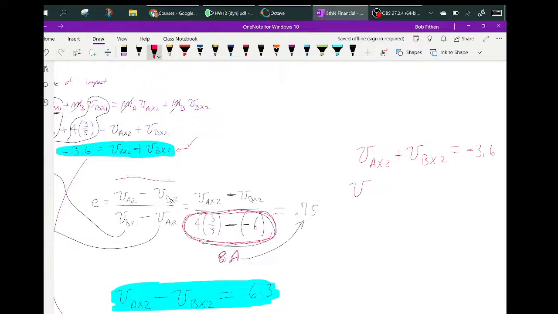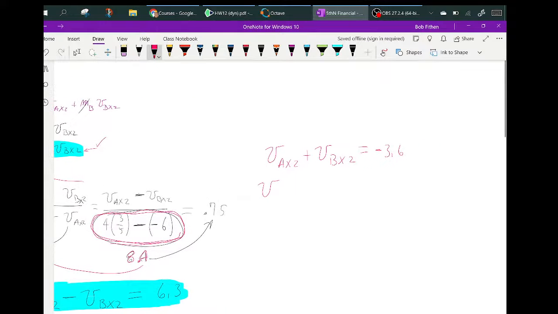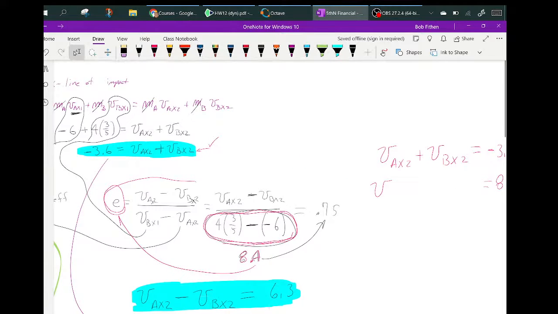Taking this equation, now I do not know e, but I take this 8.4 and multiply it times e, equal to VA2x and VB2x.